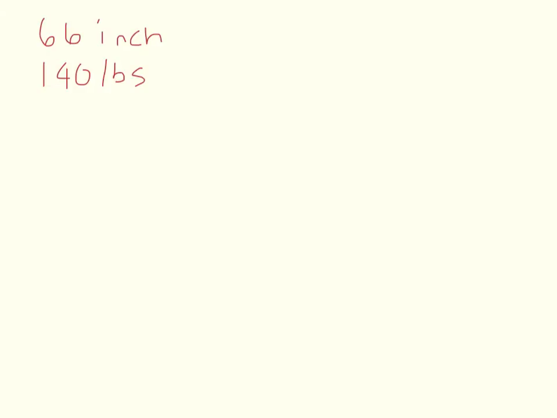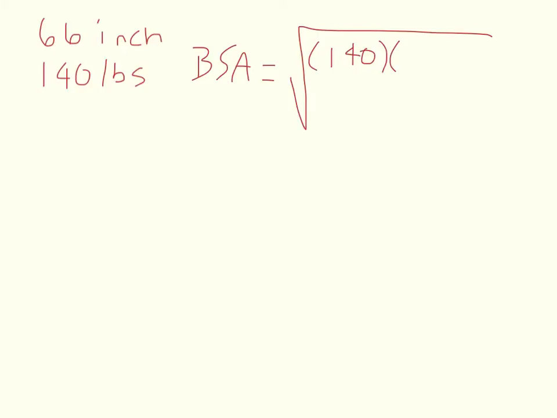Now that we've converted into inches, we can use our BSA formula. BSA in our household system is the square root of the weight, 140 pounds, multiplied by the height, which is 66, divided by that constant.